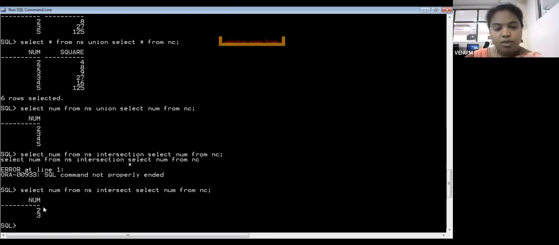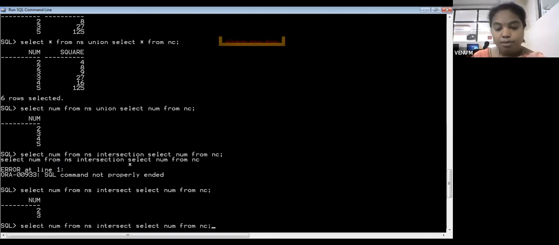Intersect. So what are the common fields for those two tables here? 2, 3, 4 is present in NS. 2, 3, 5 is present in NC. The duplications are not allowed for the union operator. Every condition is applicable for union. Observe the same thing for intersect. What are the common things? 2, 3 are the only common tuples for NS and NC.